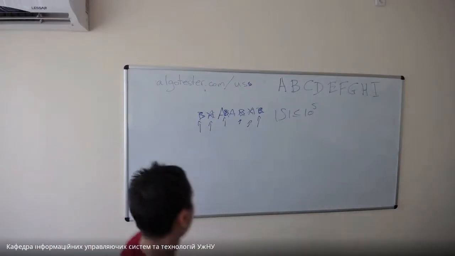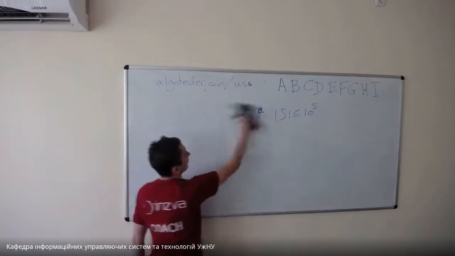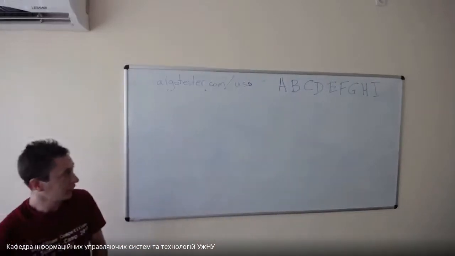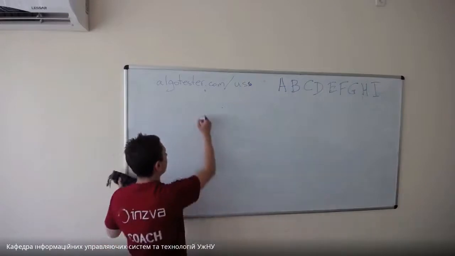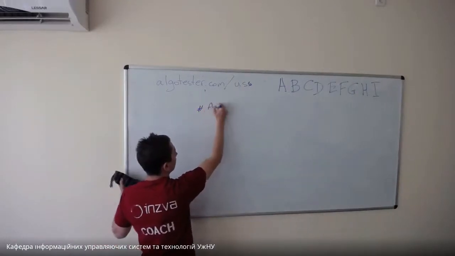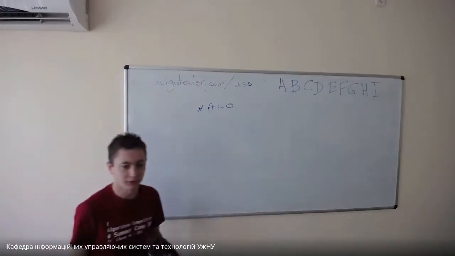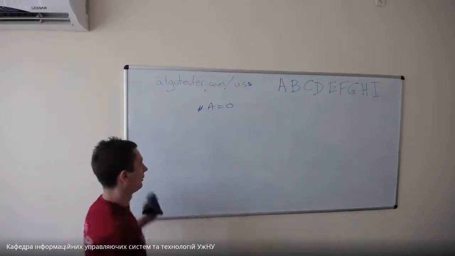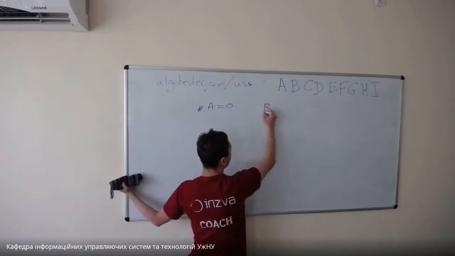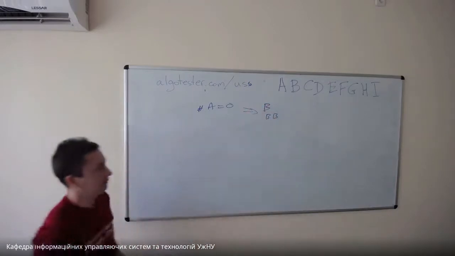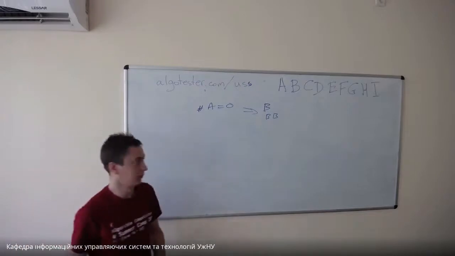So this was the easiest problem, and just a simple case analysis was enough to solve it. The first case is the number of A's equals 0. Then the only thing we have is just B's, and the answer is either B or BB. It depends on the parity of the number of B's.